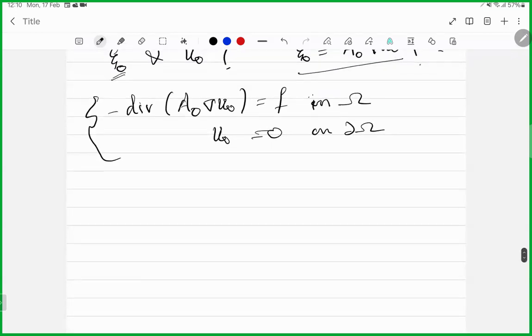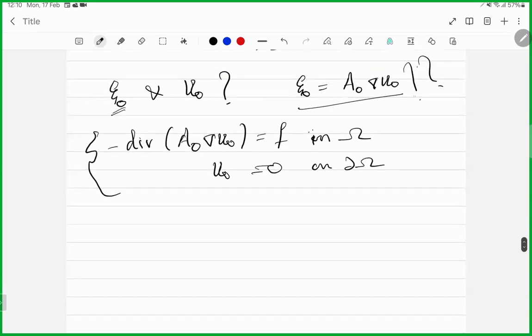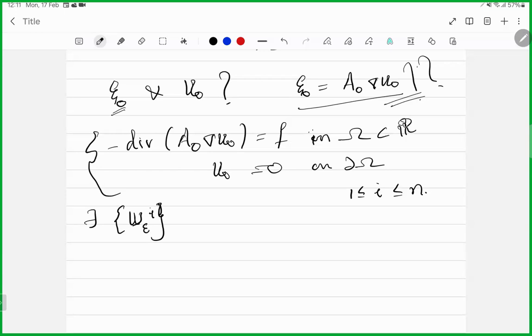So what does Tartar say? That to answer this question here, he says you can find a sequence which is the oscillating test function. Let's call it W epsilon I. So this you can do for each I. For me, the dimension is n, Omega is in R^n, and I is from 1 to n.